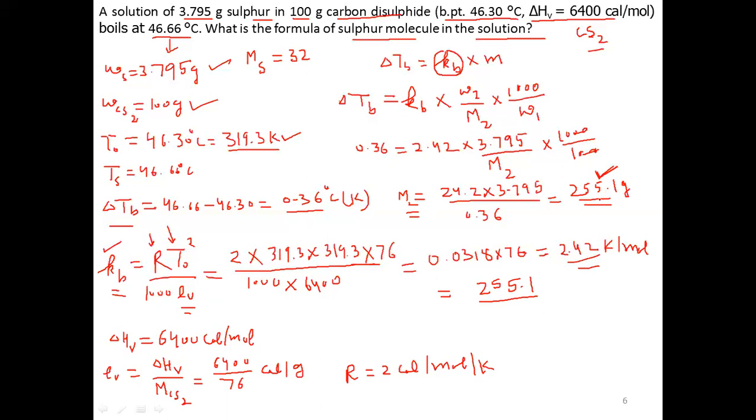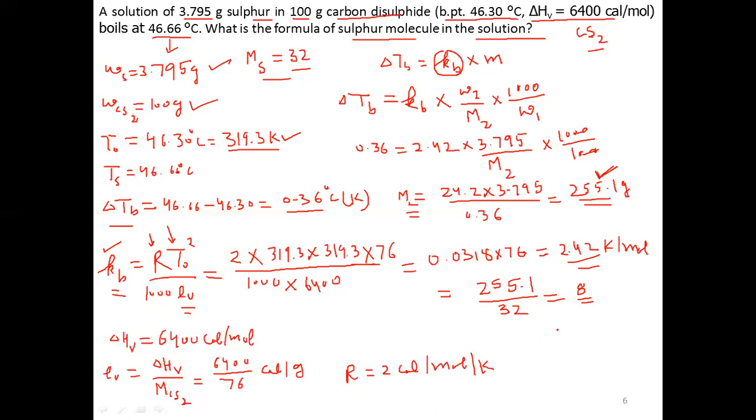We can calculate this by dividing 255.1 by the molecular weight of atomic sulfur, which is 32. So 255.1 divided by 32 will be 7.97, because 256 divided by 32 is 8, so it is approximately 8.